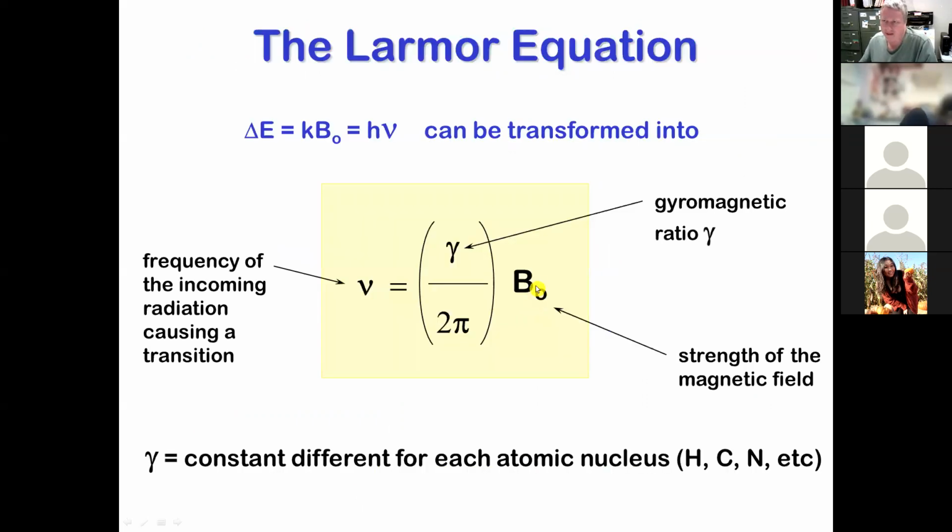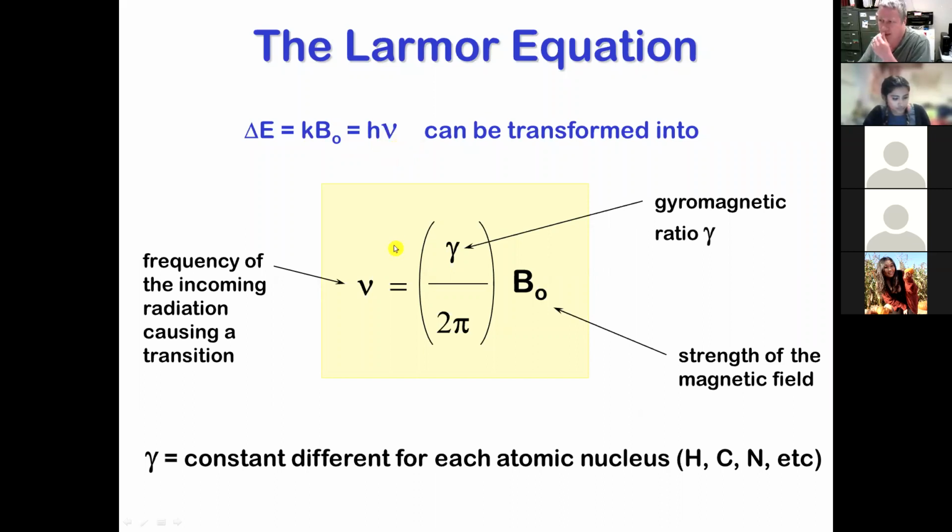This is a scary looking equation, but it's really not a big deal. You don't have to memorize it. This is just showing what I just said. The energy difference is related to a constant times the magnetic field strength, which is also related to the frequency.